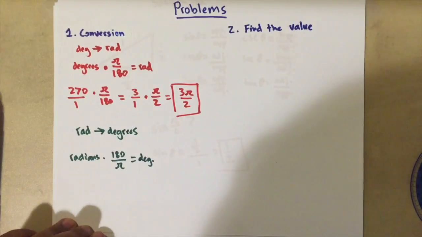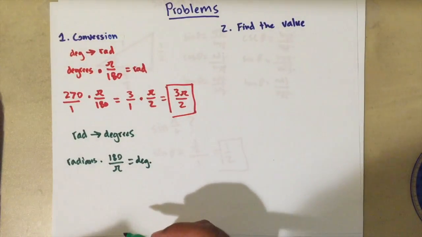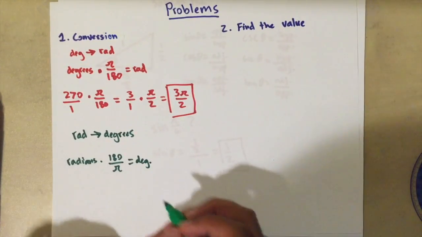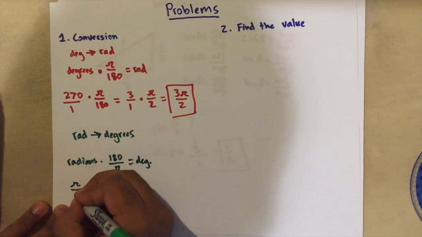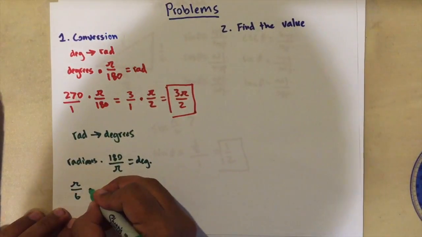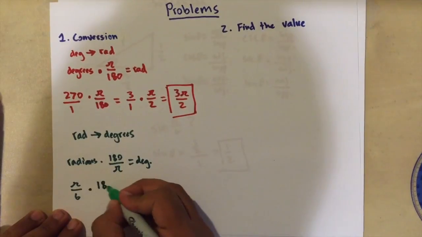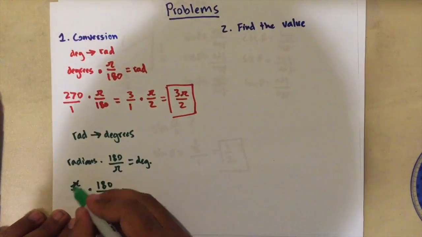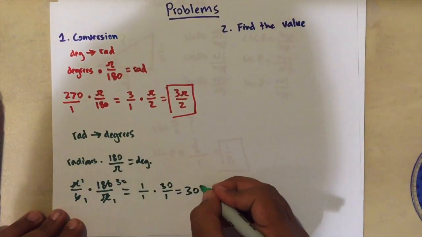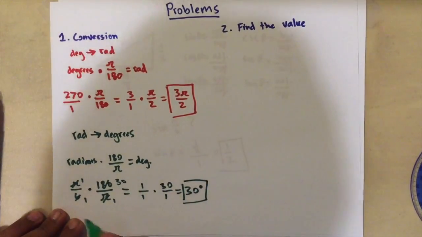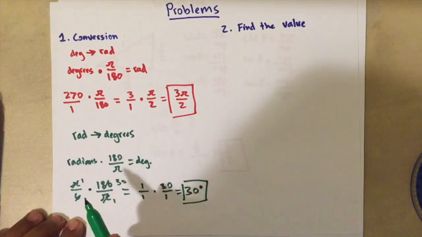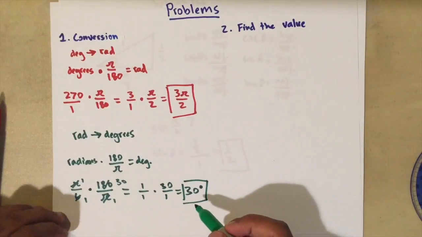So a quick example for that would be, let's just say if we took pi over 6, for example. That means, according to the formula, we'll multiply by 180 over pi. So our answer for the pi over 6 radians conversion would be 30 degrees.